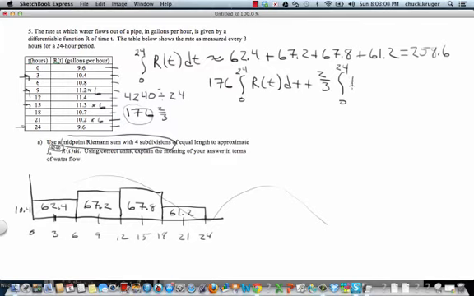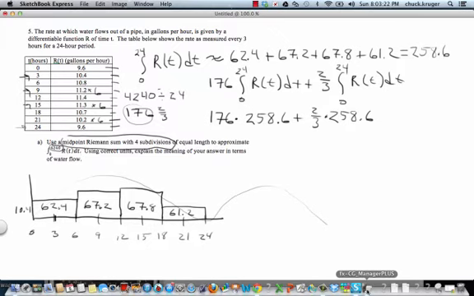And I'm going to have R(t) dt. So I'm going to have 176. I know this approximation. It's 258.6 plus 2/3 times 258.6. So what I'm basically going to do is go to my calculator here.